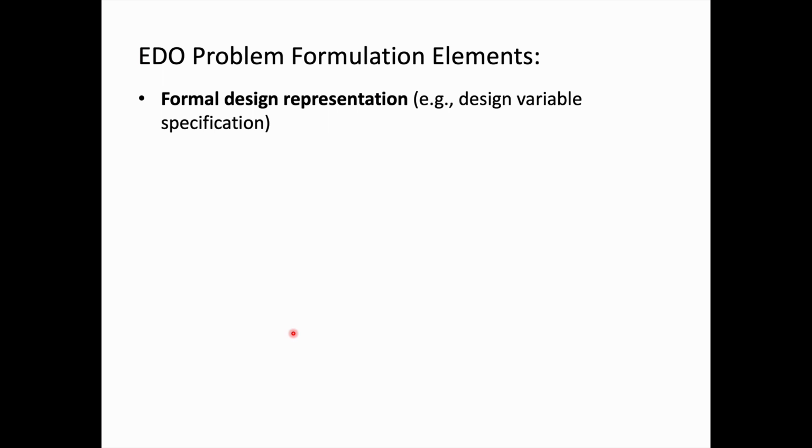One is a formal design representation. How are we going to specify the different design candidates that we're going to consider in this problem? Another way of thinking about this is design variable specification. So for example, are we just going to be tuning a few geometric parameters?